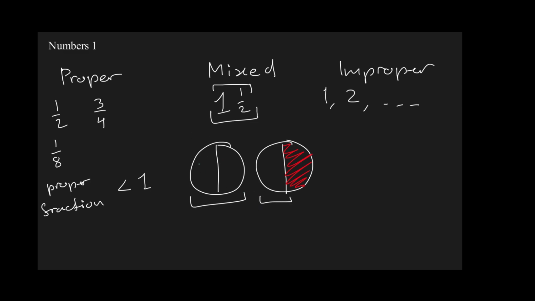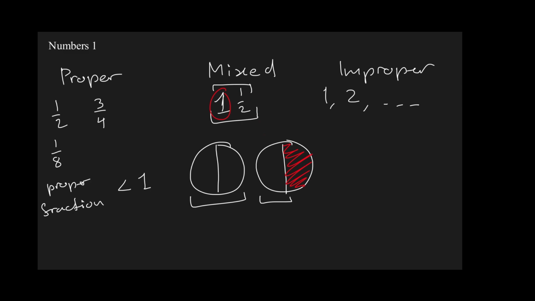However many wholes I have of whatever thing I have, if it's donuts, doesn't matter. Right now we're talking about pizza. However many wholes I have, I write it big right here. And however many fraction parts that I have, I write little next to it.